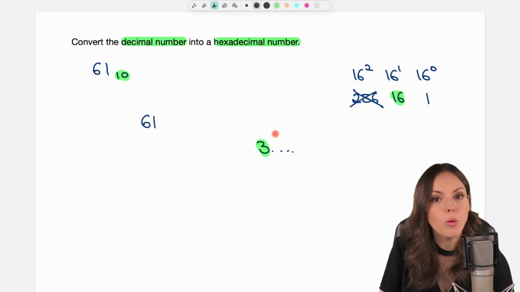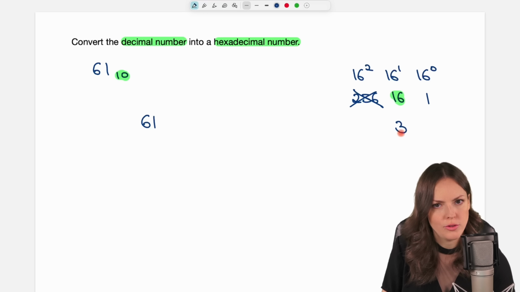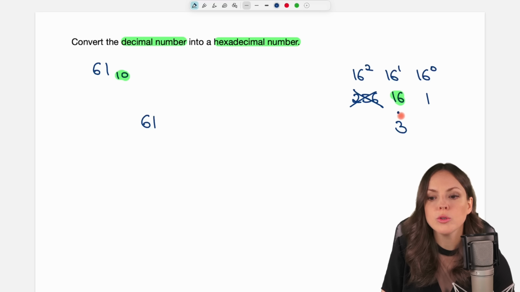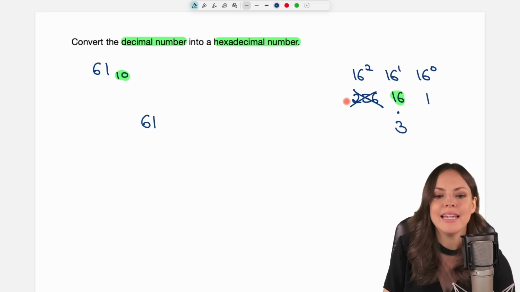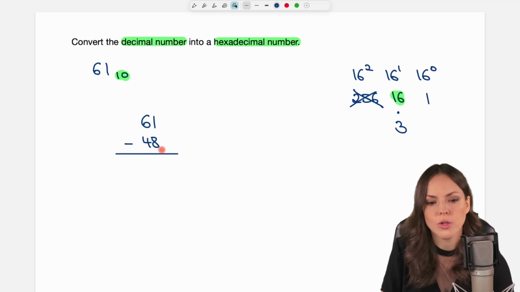We only need the whole number, so we know the 16 goes 3 times, so we write down the 3 here, into the 61. And now, after you found your result, you always multiply these two numbers. So 3 times 16 equals 48. You write it down here and subtract these two numbers. 61 minus 48 equals 13.